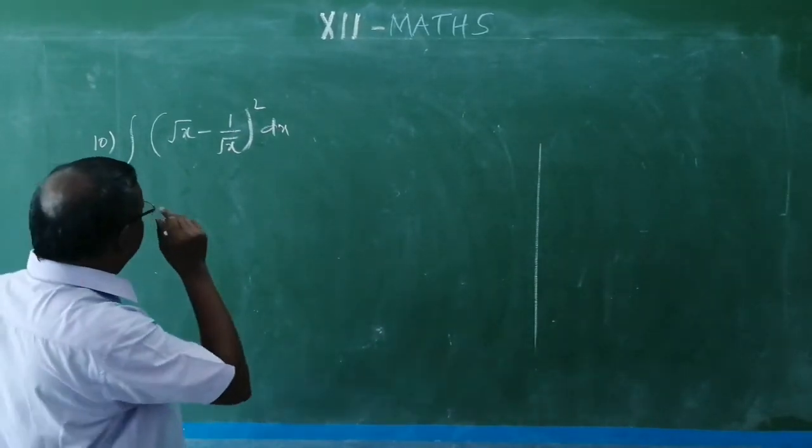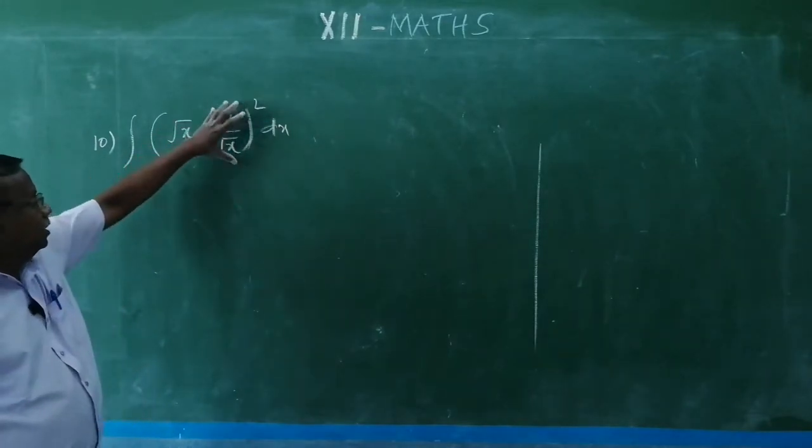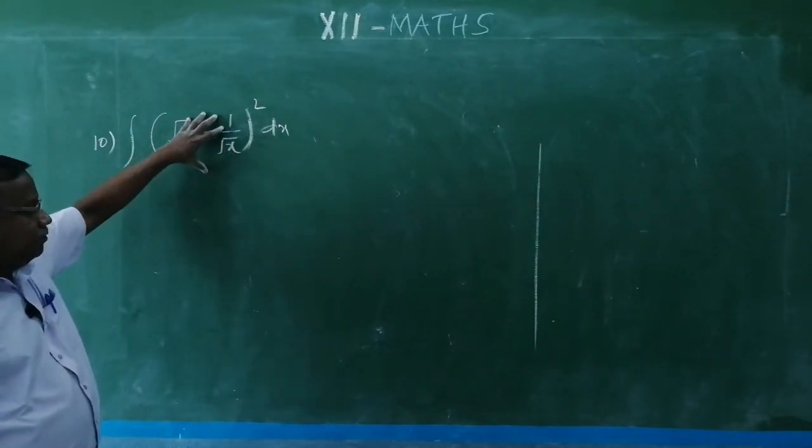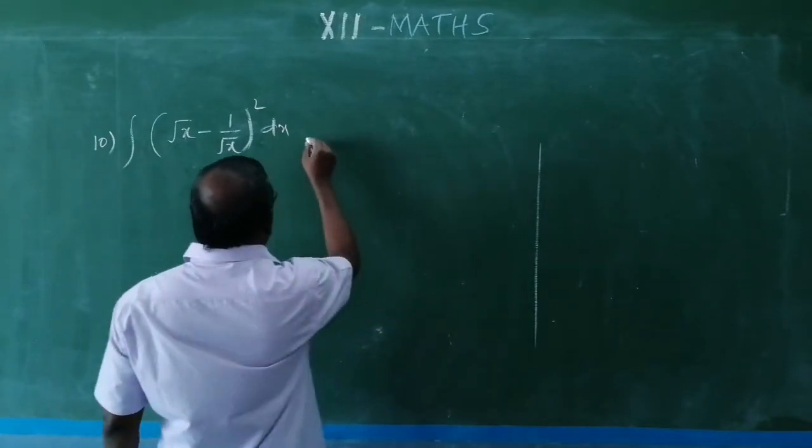Generally when we have a square, multiplication or division, we have to simplify it first. So here we can expand this.